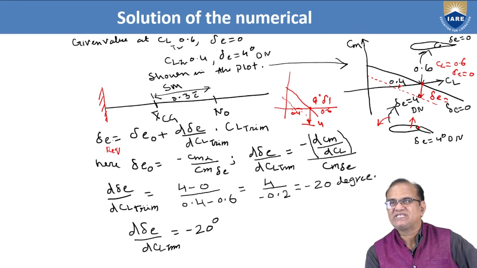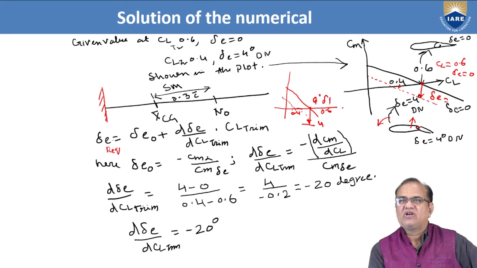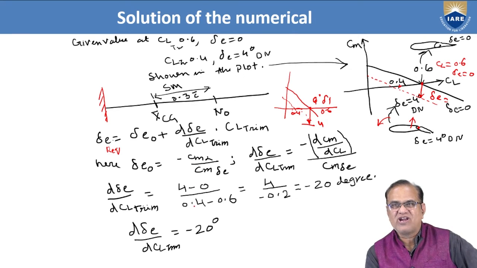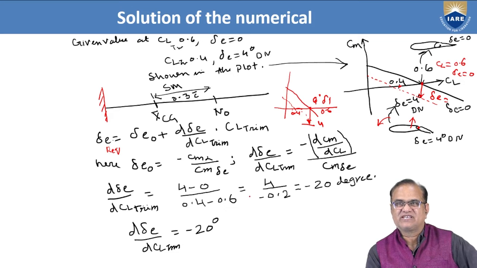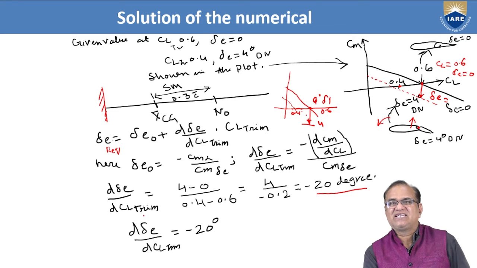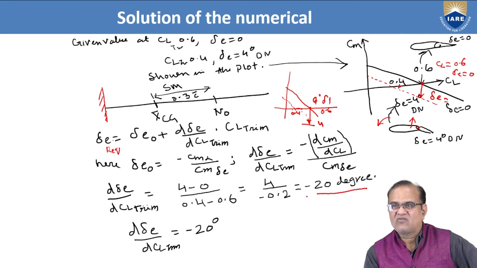Here you can see, 4 minus 0 divided by 0.4 minus 0.6. So you will get 4 divided by minus 0.2. So here you got minus 20 degree. This much d delta E by dCL trim is required, minus 20 degree.